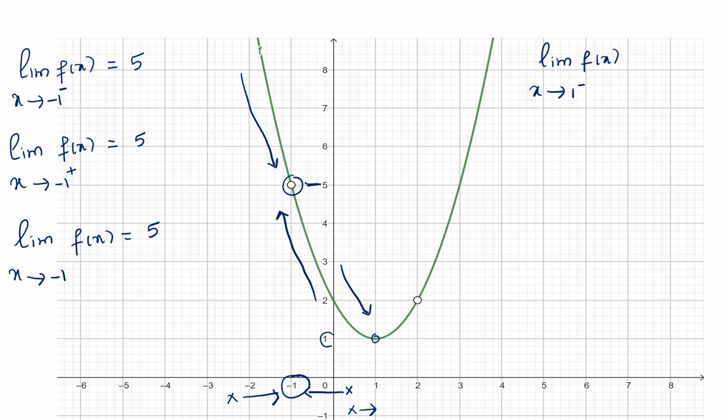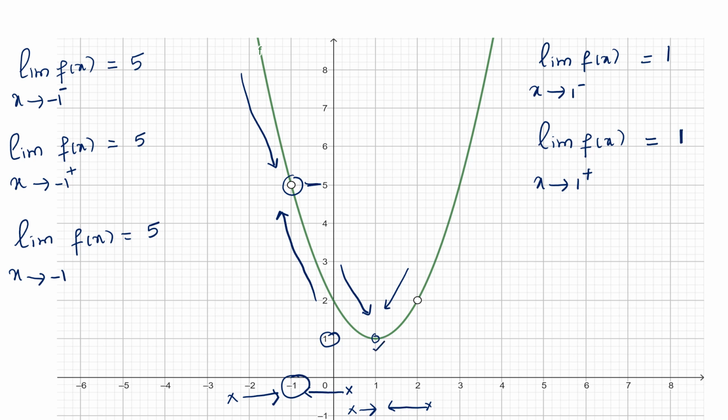What is the corresponding point? It is 1. And the limit of f of x as x tends to 1 from the right side: suppose x is here, x tends to 1 from the right side, so like this it is approached. So again the same value.